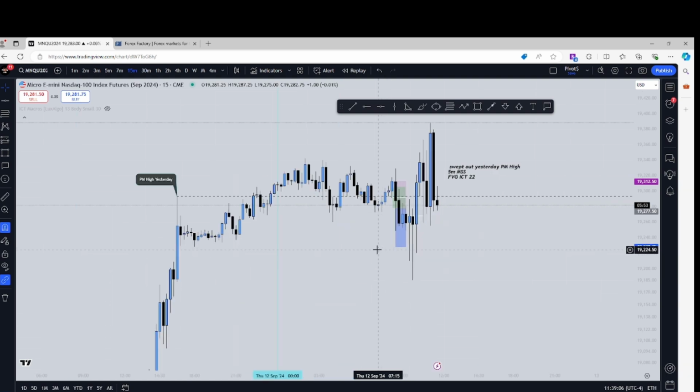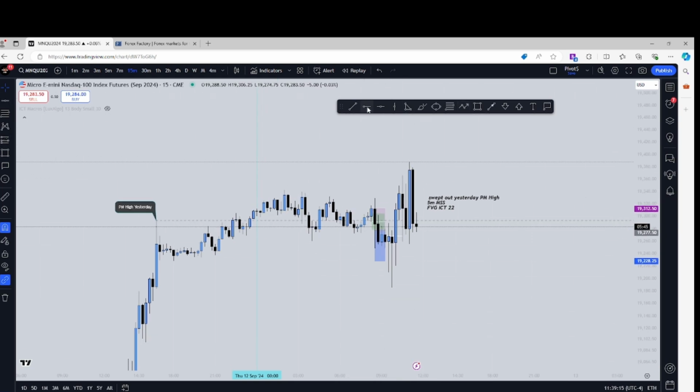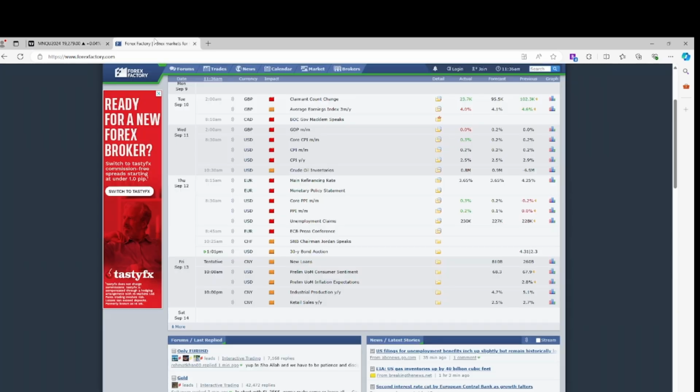What I saw here today is, remember, going into a new day, the times that I am trading, especially for index, is 8:30 to 11:30 the most. I've been seeing all the trades, but today we had news here at 8:30.